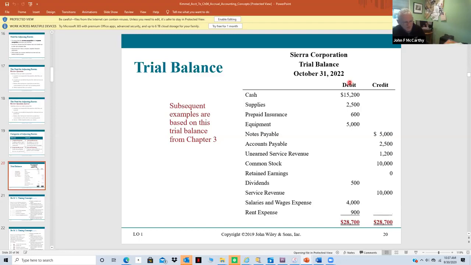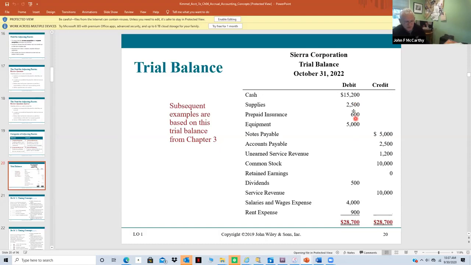Here we go. I think this is the trial balance from chapter 3, it says so. So we have all these items, based on our original journal entries. For example, it's showing we had $2,500 of supplies, but we buy supplies because we're going to use them, right? So at the end of the month there's going to be fewer supplies left because we're using them.